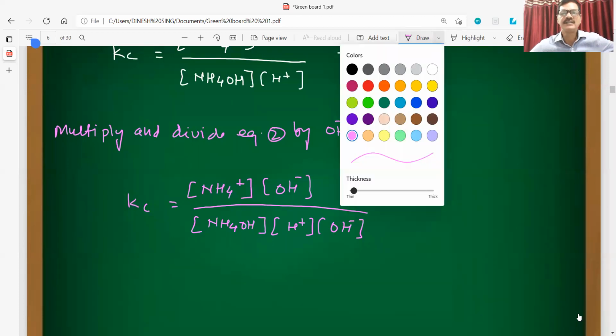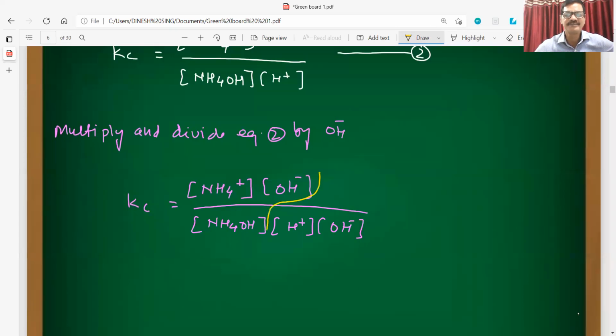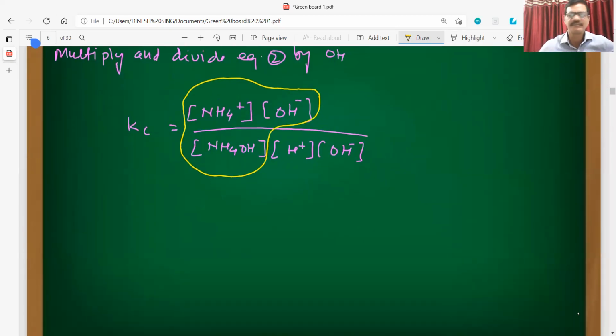Again we can see this whole term is what? Kb of ammonia, and H positive and OH minus is what? The ionic product of water. So Kc becomes equal to Kb divided by Kw.